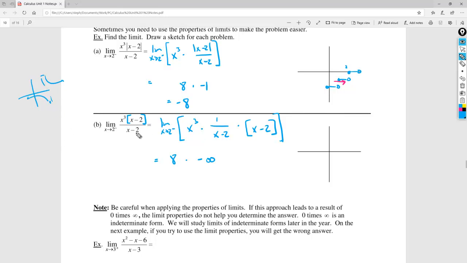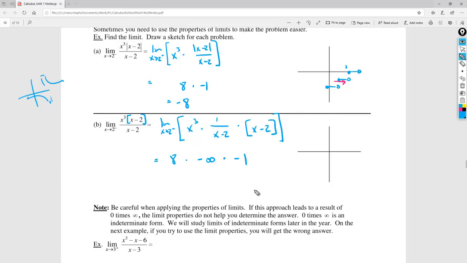Alternatively, left is always going to mean smaller numbers in math, because that's how number lines work. So think about what happens if you plug in a number smaller than 2, like 1. I will get a negative number, and I know that I have an asymptote there, so I'm going to approach -infinity instead of positive infinity. And then the last one here, my greatest integer, we actually just worked with that.